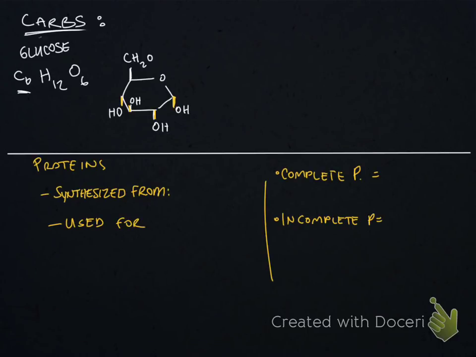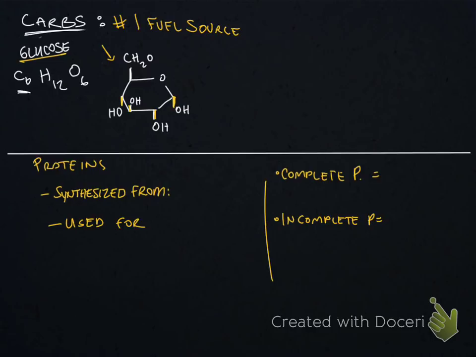So carbohydrates. Carbohydrates found mainly in plants are our number one fuel source. Means we're going to use carbohydrates first for fuel. And the one most often talked about is glucose, which is a monosaccharide. Here's what its chemical structure looks like.